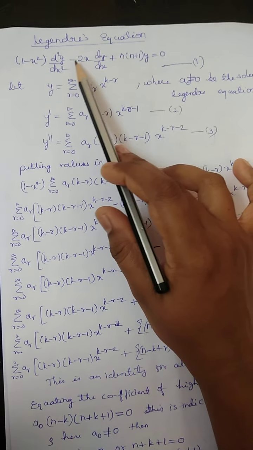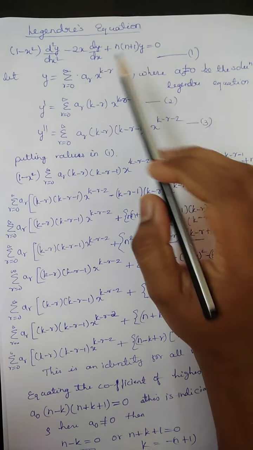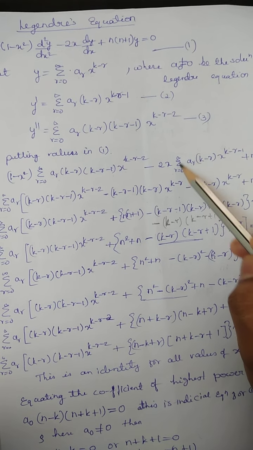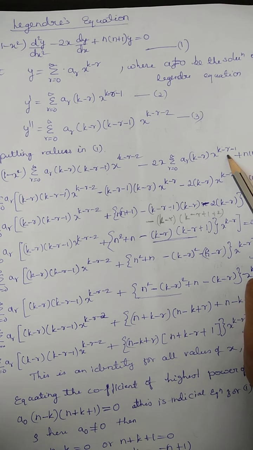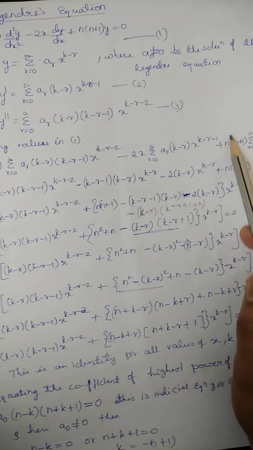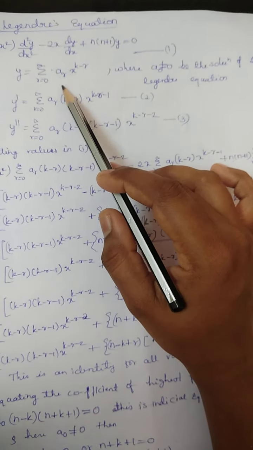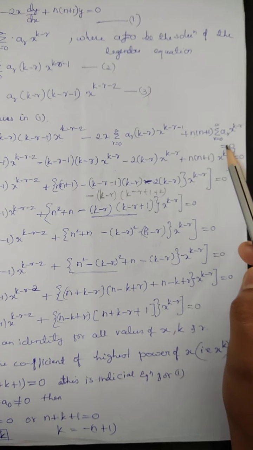Next, minus 2x as it is, and dy by dx means y dash: the summation from 0 to infinity of a_r (k minus r) x raised to (k minus r minus 1), plus n into (n plus 1) as it is, times y, which is a_r x raised to (k minus r), equal to 0.